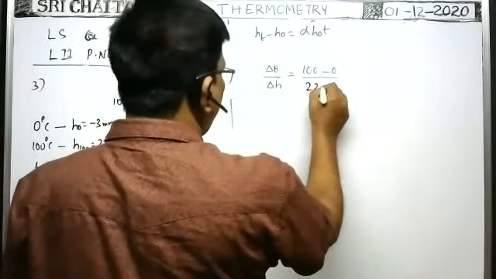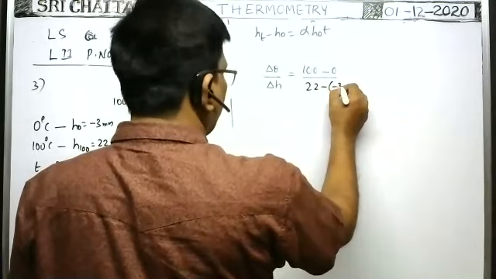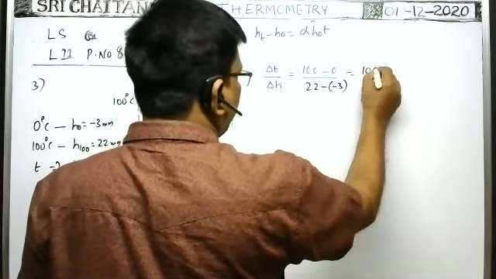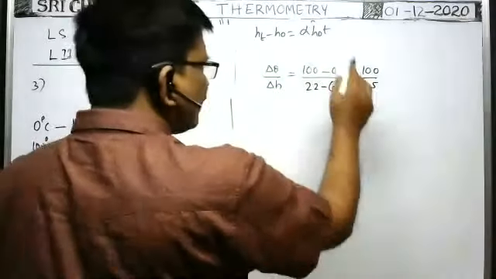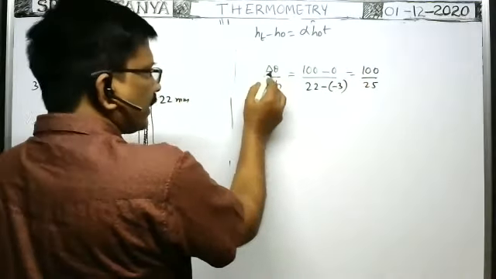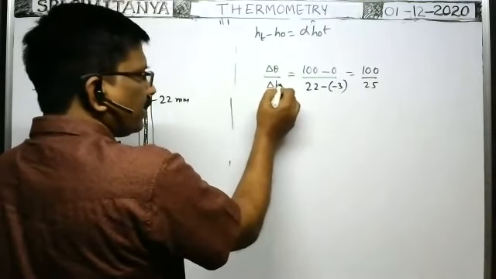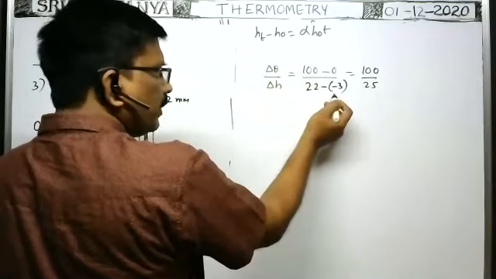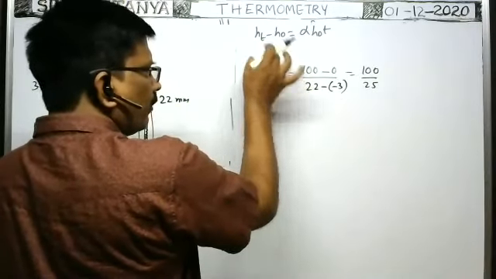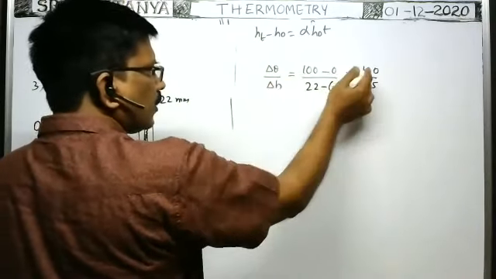So 22 minus of minus 3, that is equal to 100 by 25. That is the rise in temperature for this much rise of mercury column, in millimeters. So the rise in temperature for each millimeter rise of mercury column is equal to this one.